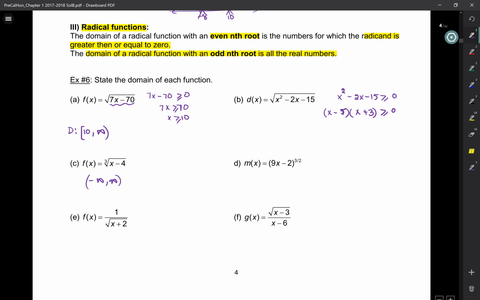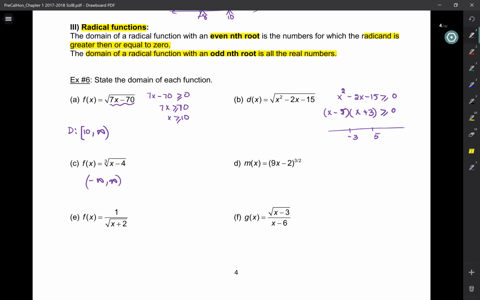Now what? It can be anything less than -3 and everything greater than 5. How do we know that? We need to do a number line. So we have -3 and 5 on the number line.